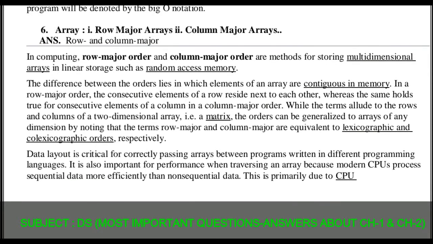Here the difference is the order in which elements of an array are contiguous in memory. In row major order, the consecutive elements of a row reside next to each other, whereas the same holds true for consecutive elements of a column in column major order. While the terms allude to the rows and columns of a two-dimensional array, that is, a matrix.